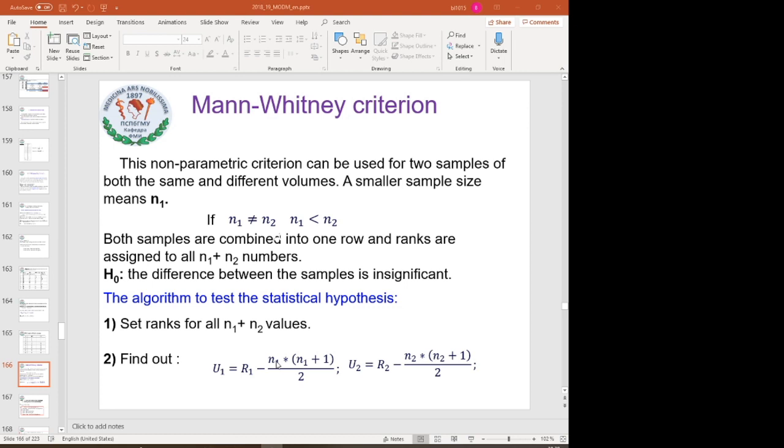And in order to take into account sample sizes that are different, we subtract some expression that depends on sample size. This for the first sample is n1 times n1 plus 1 over 2, and for the second sample the same formula with the sample size of the second sample.